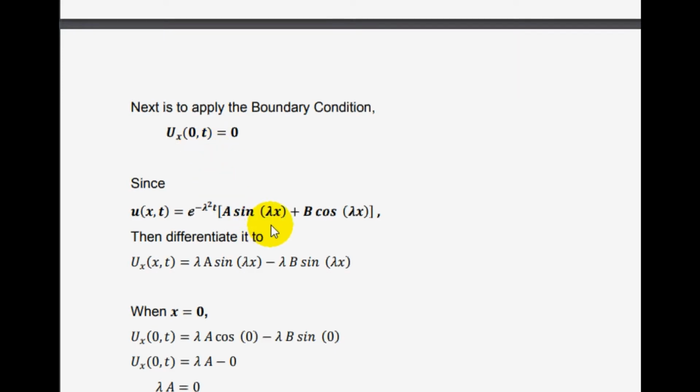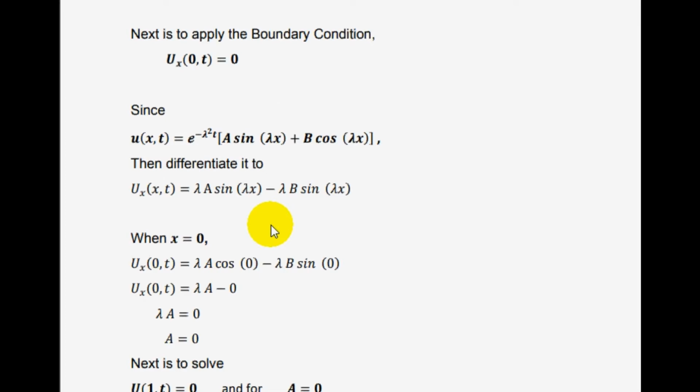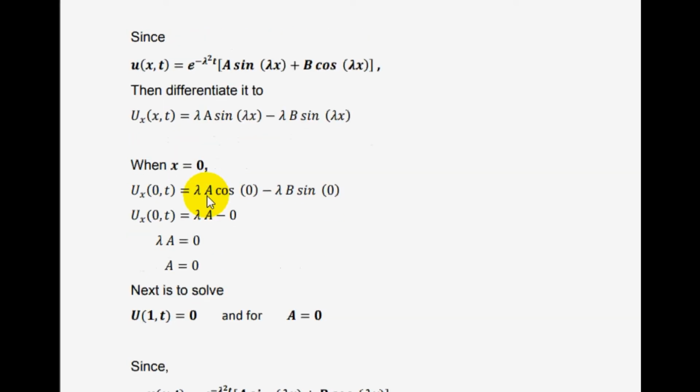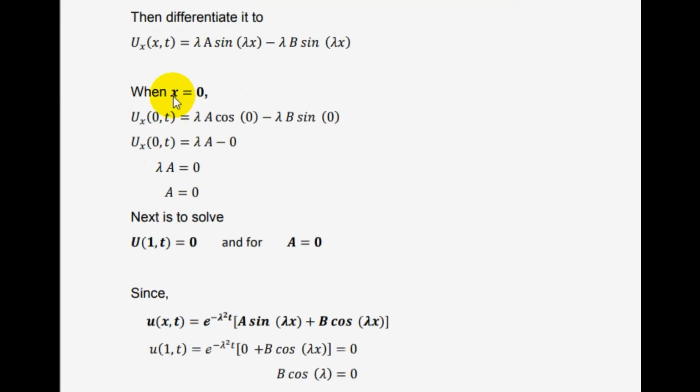Then we use the information that we got just now. We have to differentiate it until you get this equation. Then we equate x equal to 0, and then we get A equal to 0.